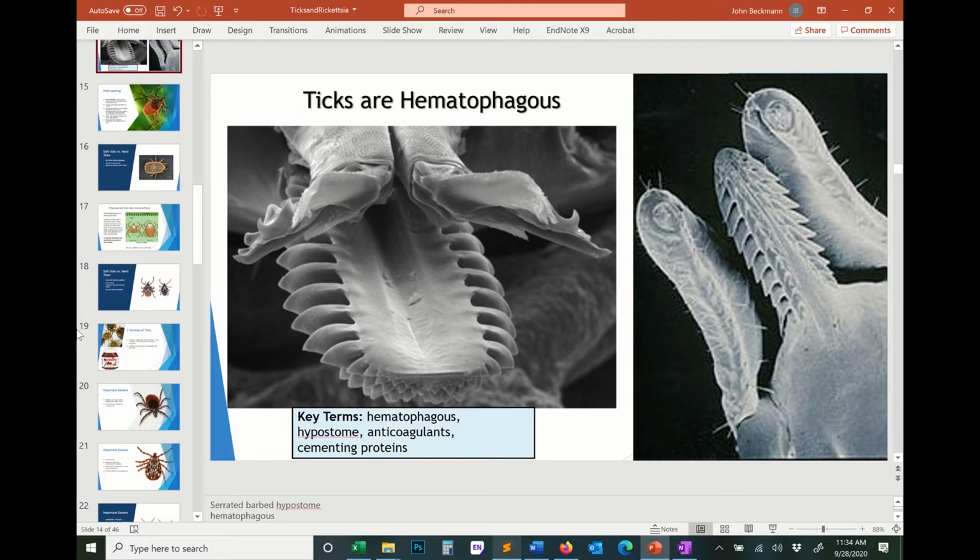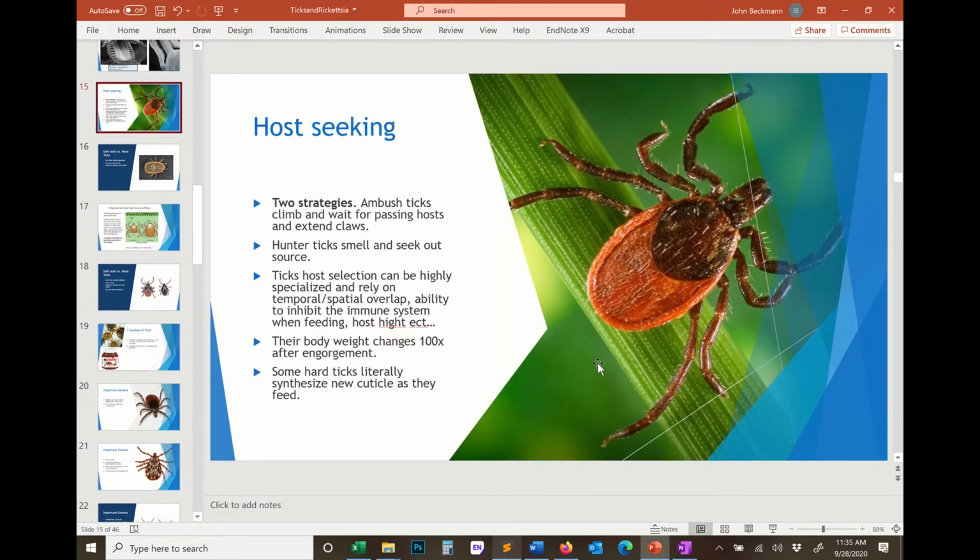Okay, so there are two ecological strategies for how the ticks find their hosts. One is ambush ticks. They will literally climb up to the top of a long piece of grass, and they will put out their legs, and their legs are just waiting for somebody to walk by, and then they grab on.